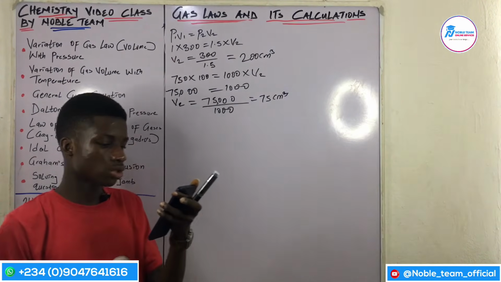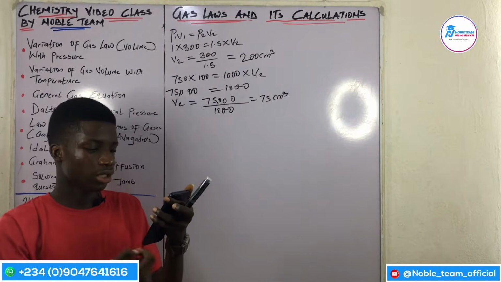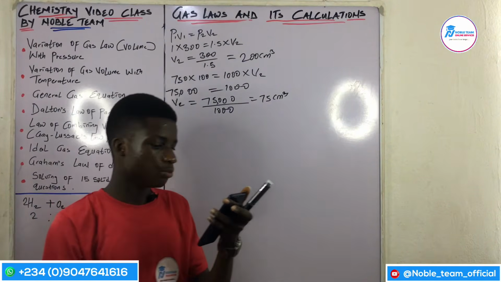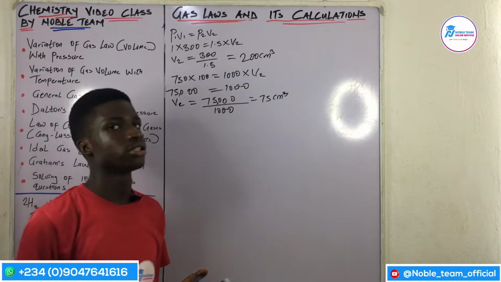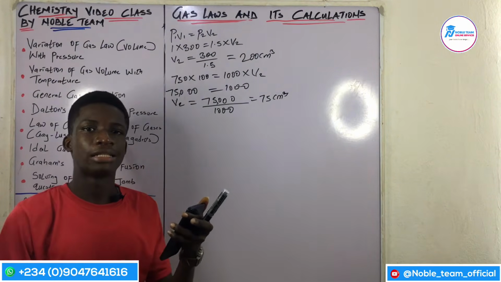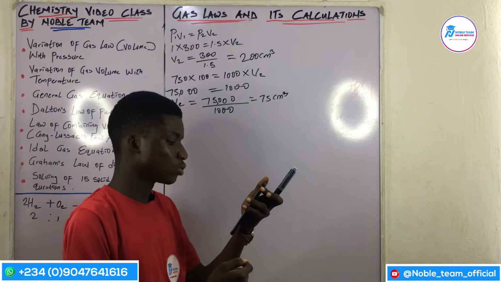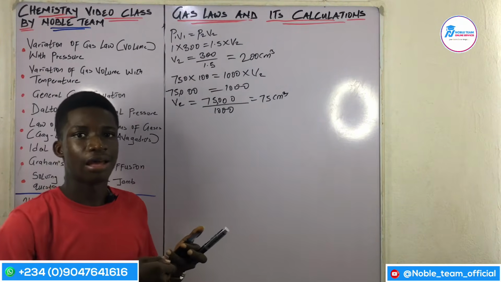Now coming to this question, we are asked to get both the final and the initial temperature. Both volumes are given. So in this question, it is Charles' law because we have the parameters to be volume and temperature, but we are asked to get the ratio of the final and the initial.